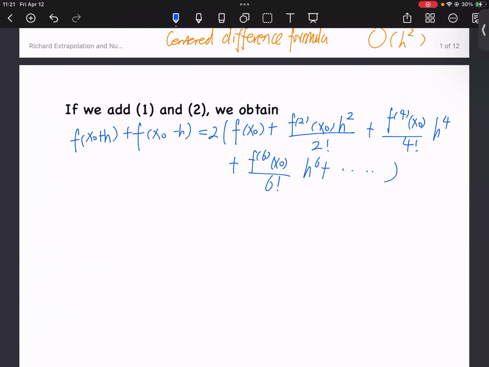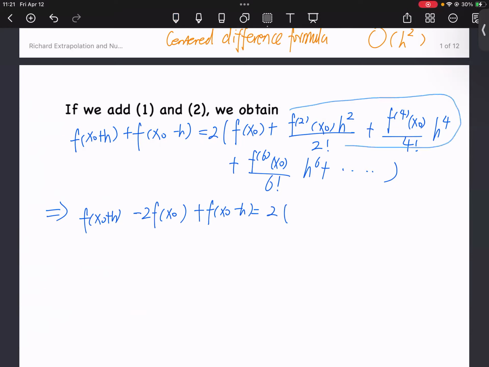So I'm going to move the raw data to one side, and then I got f(x0+h) plus f(x0−h), and then on the right hand side, I should have the things remaining here.